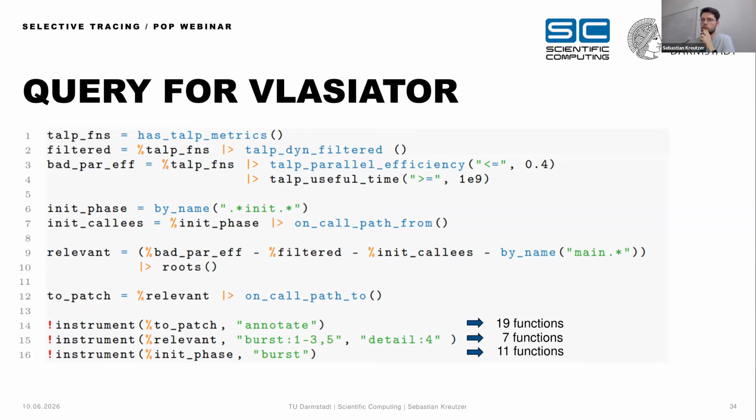Yeah. Then we detect the initialization phase and select the call paths and find the relevant regions from that. And in the end, we combine that to instrument some of the relevant regions in detail and the others in burst or annotation mode.